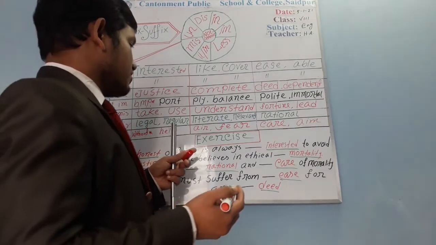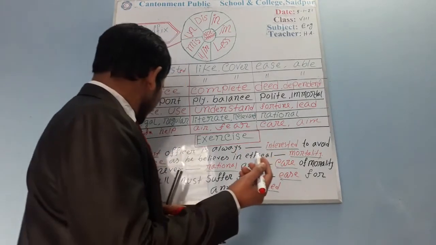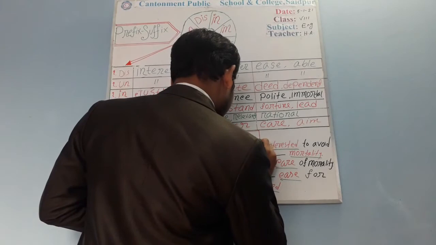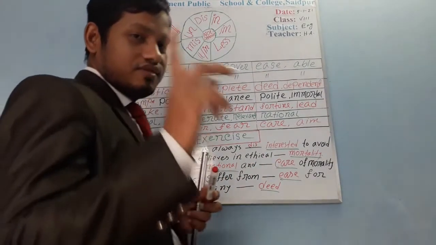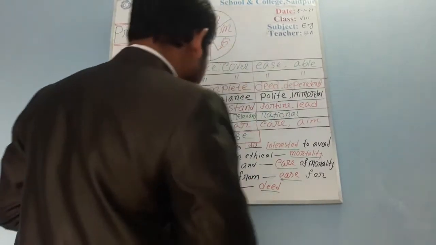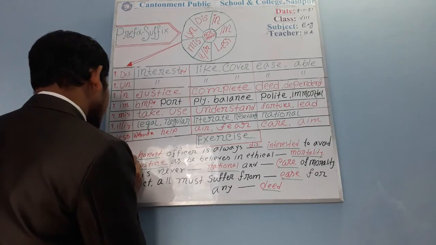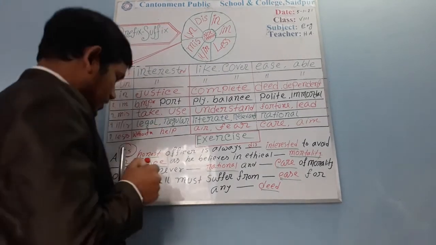Officer is always disinterested or uninterested. Here is the meaning, disinterested means not partial, to avoid justice, injustice. Here is the meaning, negative.